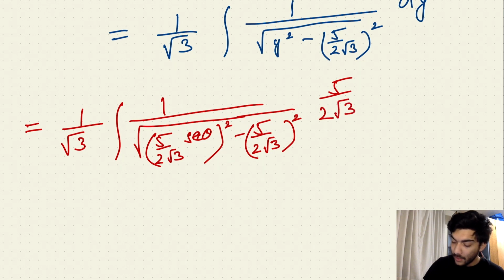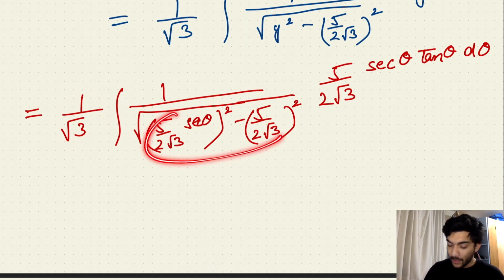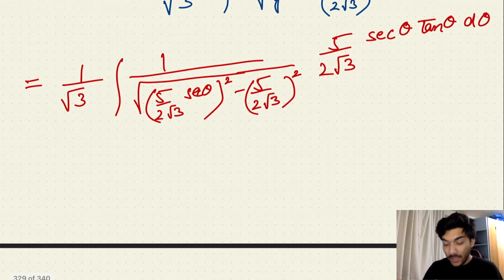So 5 by 2 root 3 secant theta tan theta and d theta over here, right? So let's take this 5 by 2 root 3 out such that it will be multiplied with 1 by root 3, and this expression over here will be converted to (5 by 2 root 3) whole square times secant square theta minus 1, right? So let's do that.